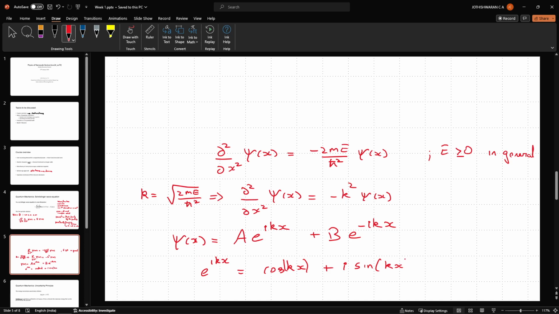So these are oscillatory solutions, which is why the original Schrödinger equation was called the Schrödinger wave equation. So this is the free particle solution. We shall be using this later on.